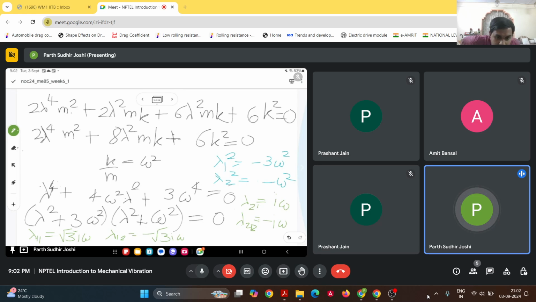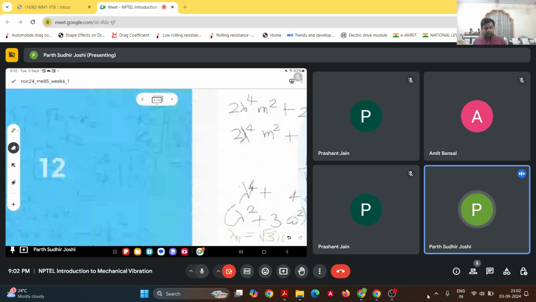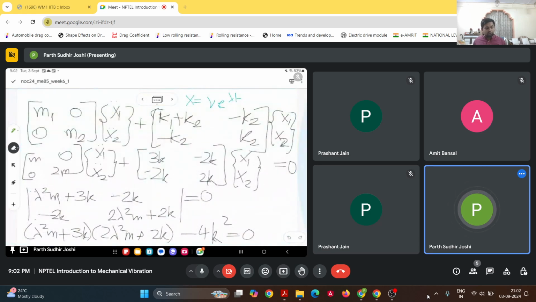These are the four roots that we were talking about, and using this we can derive the eigenvectors also. So we know basically the set of differential equations here.